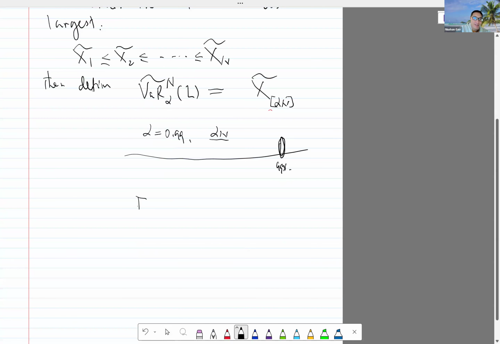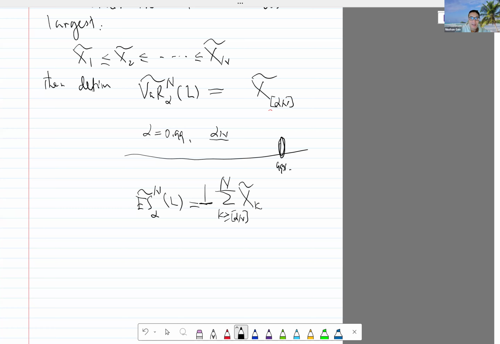Then we can also define the expected shortfall. I will put the capital N to show that we have n data used. You have to define it as an average of a tail. So what are the tails? X k tilde, where k is larger than or equal to alpha n, starting from your value at risk position to the last one. You do the average.